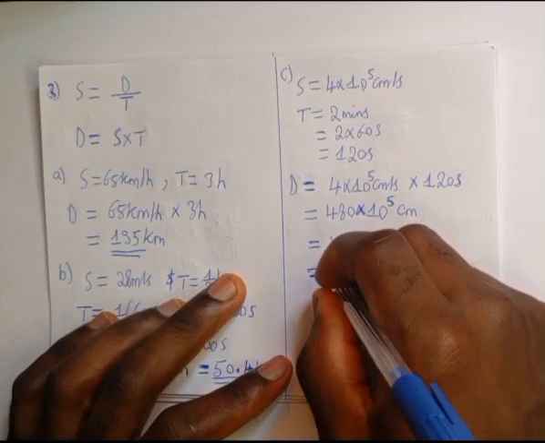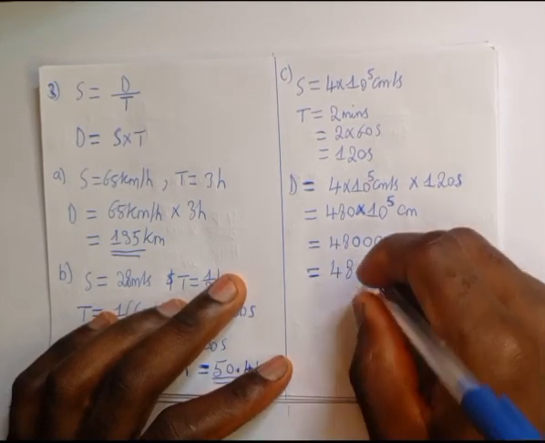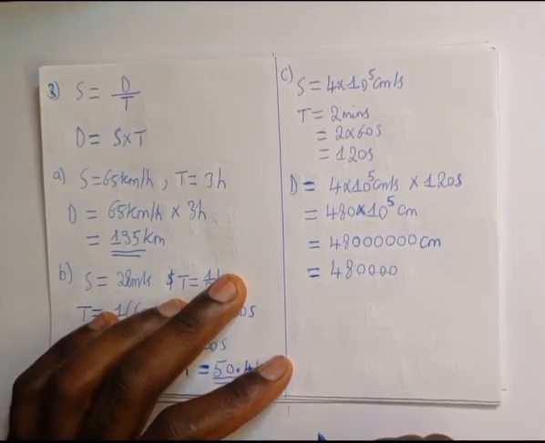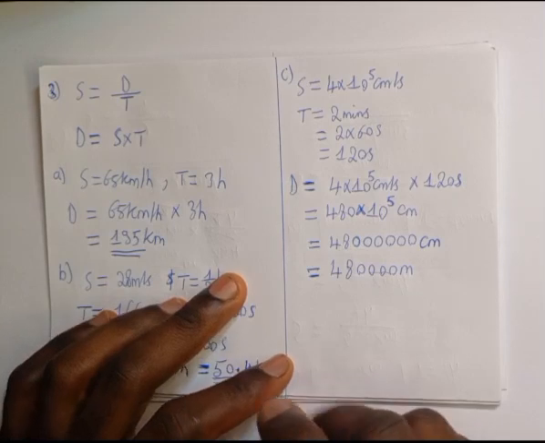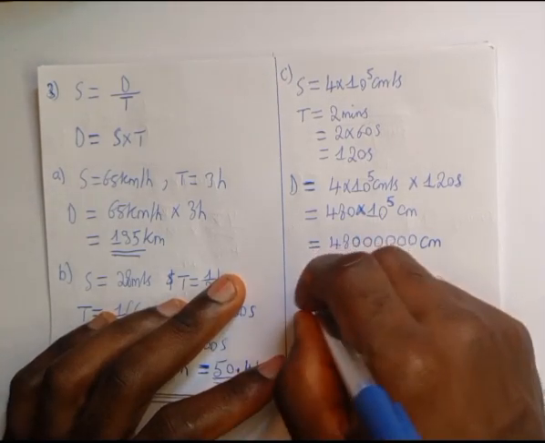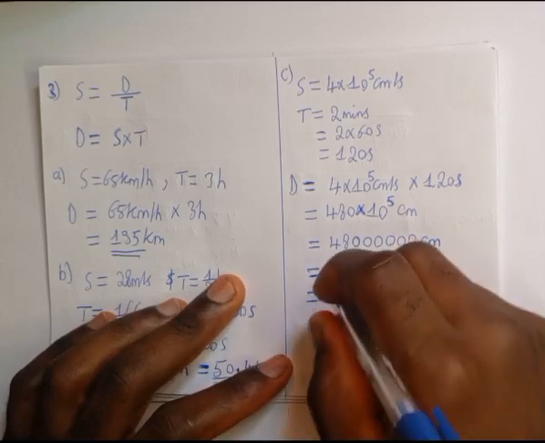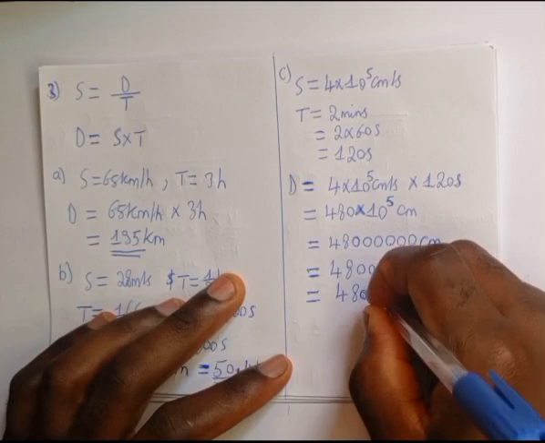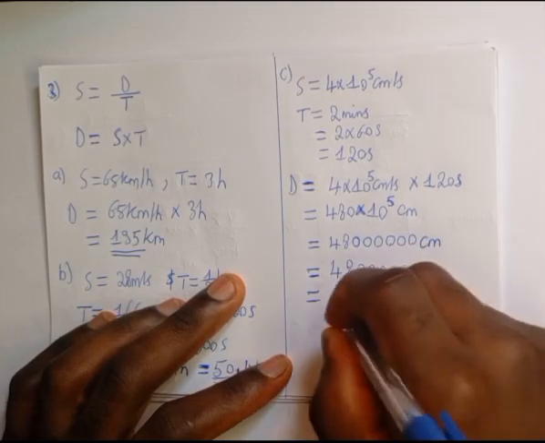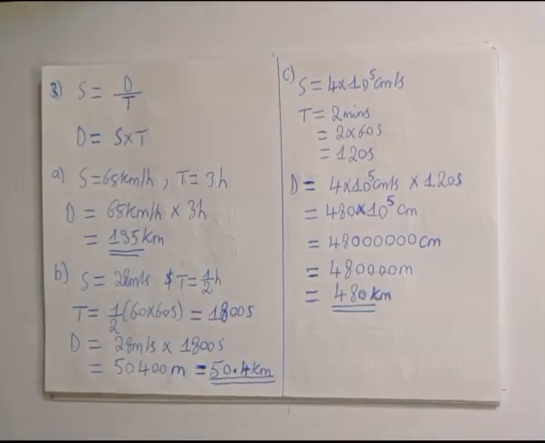We'll be left with 480,000 meters. 480,000 meters in kilometers. If we divide by 1,000, 1, 2, 3 zeros will go off. We'll be left with 480 kilometers. This will be the distance traveled by the object in kilometers.